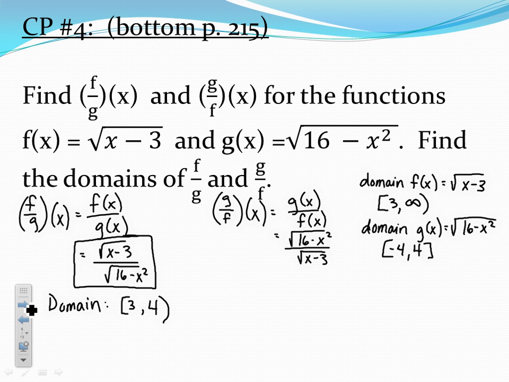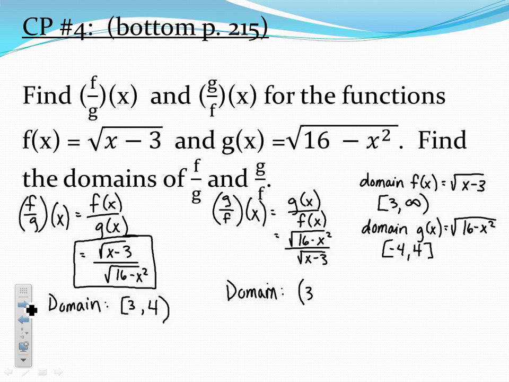Let's do the same thing for the other function. Okay, now when you're looking at this one, again, we have to make sure that the bottom doesn't become undefined. So we're not going to be able to use the 3 itself. But anything just over it works just fine.